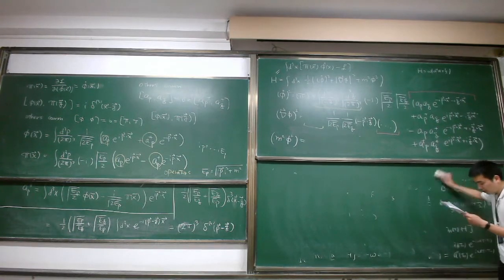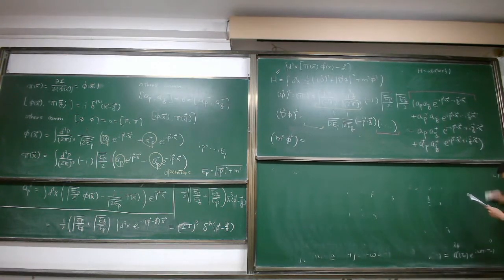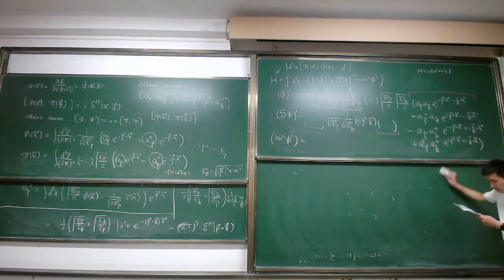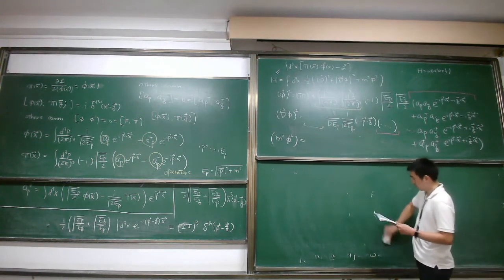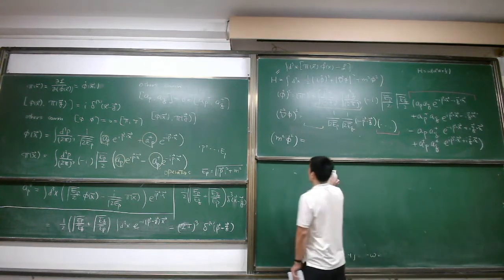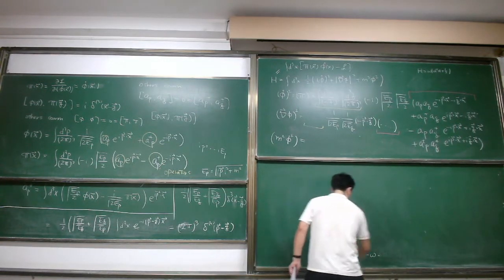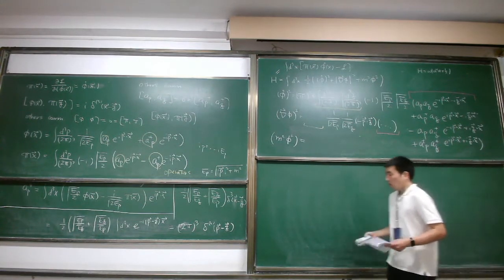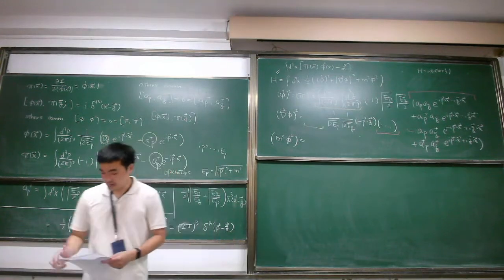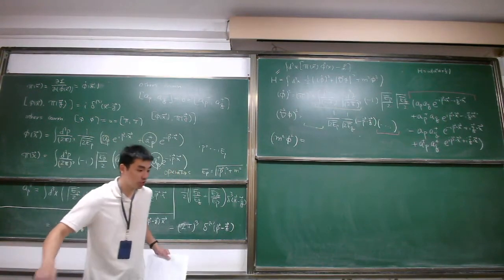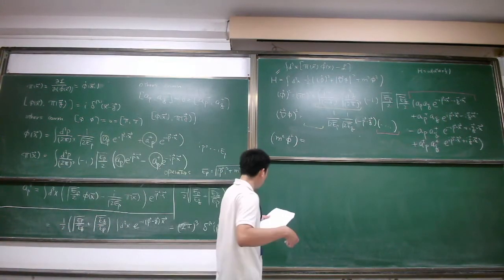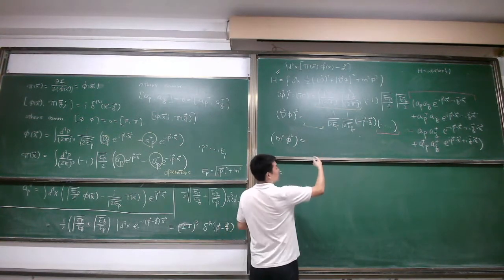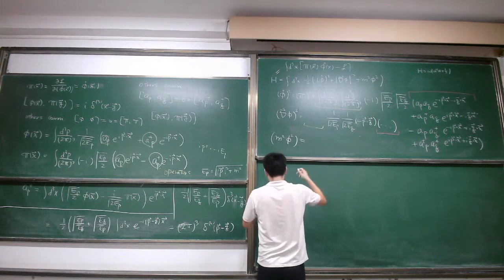I just give you the result. If you plug that one into here and massage the expression, what you end up with is the following. So H. Anyway, you have to do the honest computation and plug that one into here.